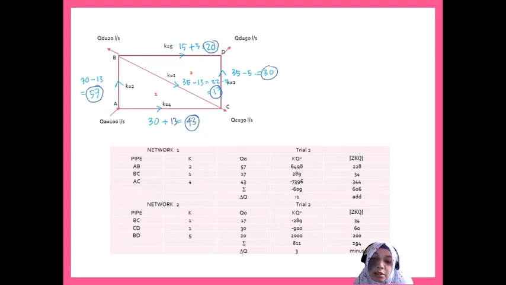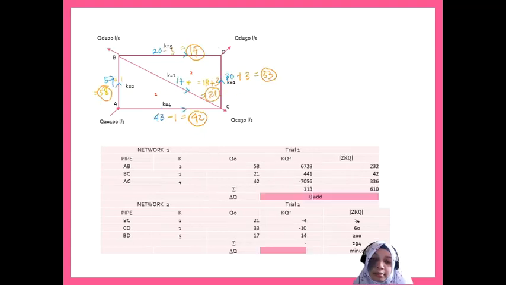It has two analyses: plus 1, minus 1, plus 1, plus 3, two times in network 1 and network 2 for the C pipe.